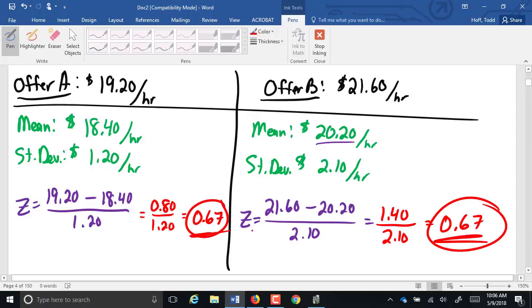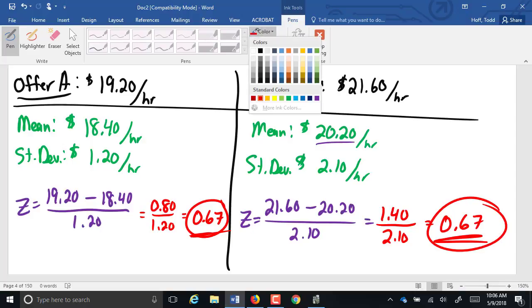So those two job offers are exactly equivalent between those two places. Both of them are 2/3 of a standard deviation above the mean wage for that area. So in other words, the pay is a wash, so it's other considerations, neighborhoods, schools, stuff like that, whatever you're concerned with. That would be your deciding factor.